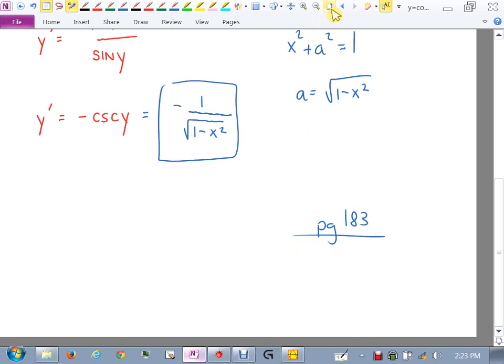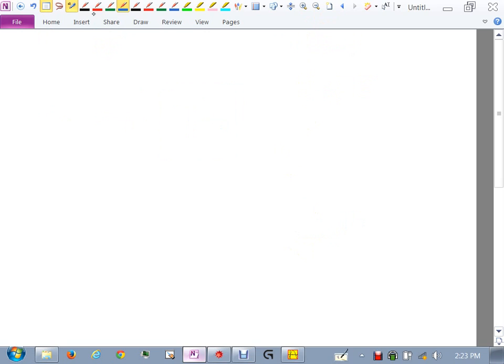So let's see if you can apply this to a problem. Let y be equal to secant inverse of natural log of x squared plus 1. Find y prime.